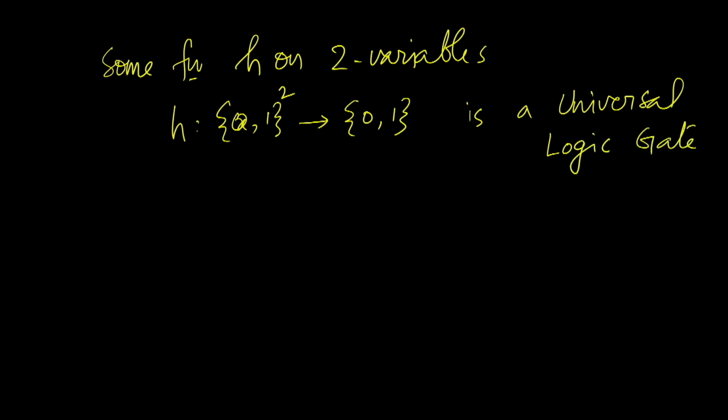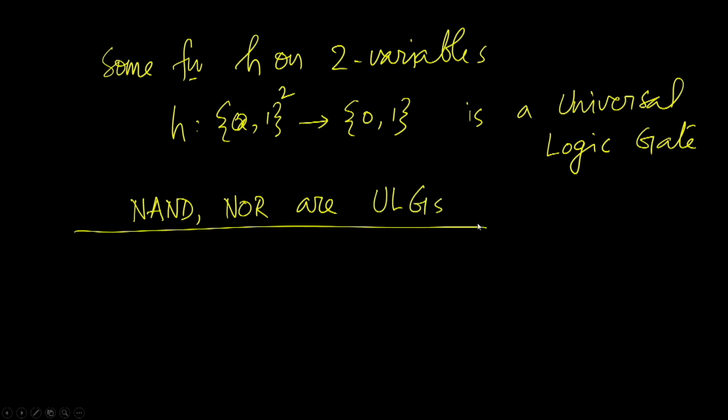A universal logic gate is precisely a two variable Boolean function that forms a complete set of connectives by itself. So, we know that NAND and NOR are universal logic gates. But are these the only universal logic gates? We want to claim that they are the only universal logic gates.